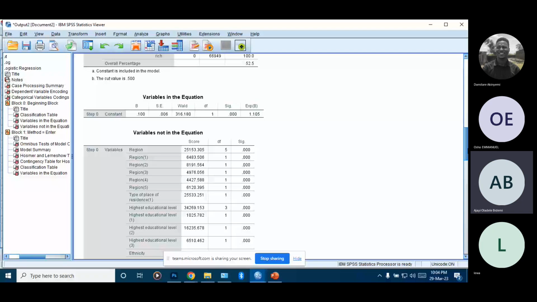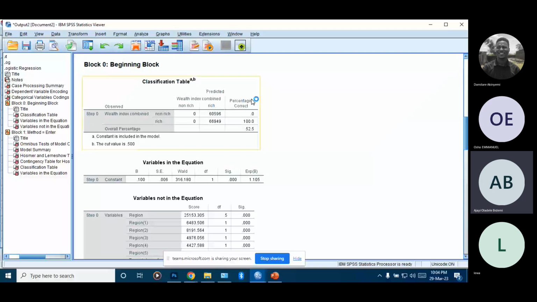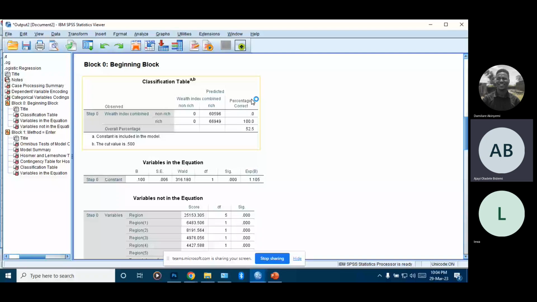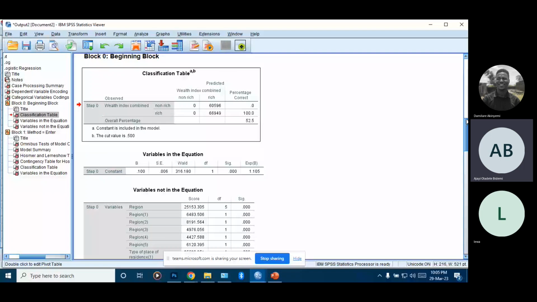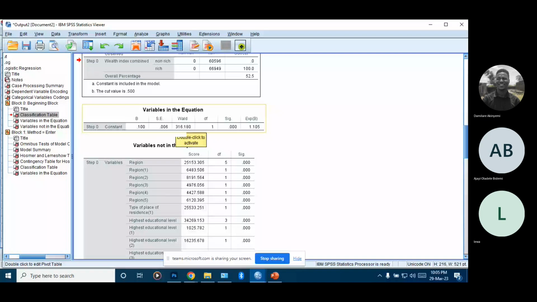It runs the analysis without putting any independent variable. We have 4 independent variables, and it will not put any of them in the equation. When it didn't put any of them in the equation, we have a 52.5% correct prediction. And the only variable in the equation is the constant.